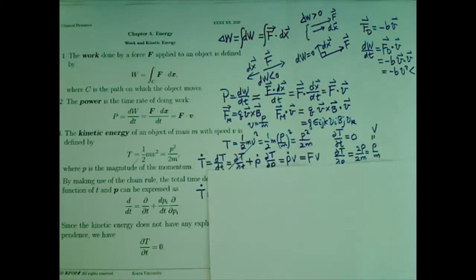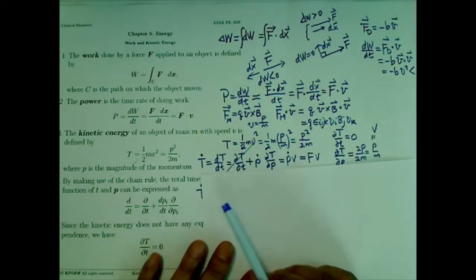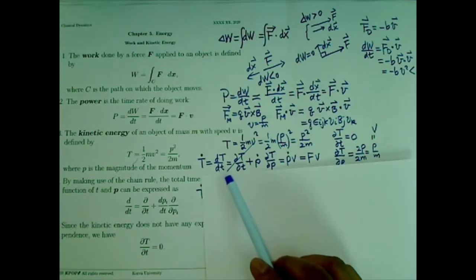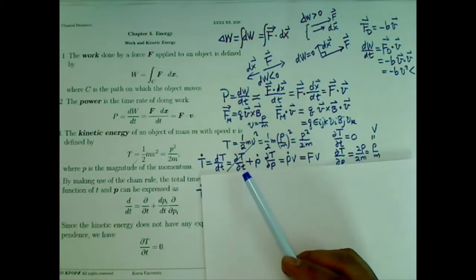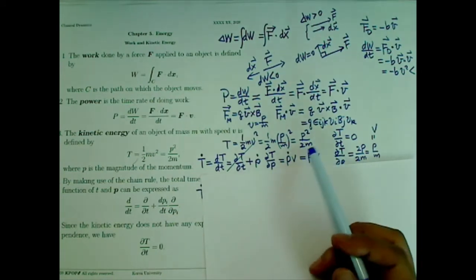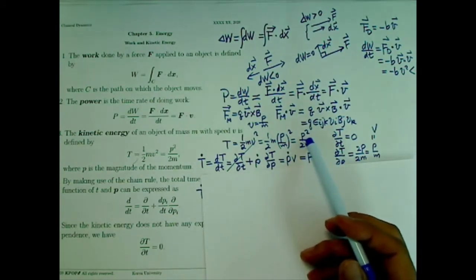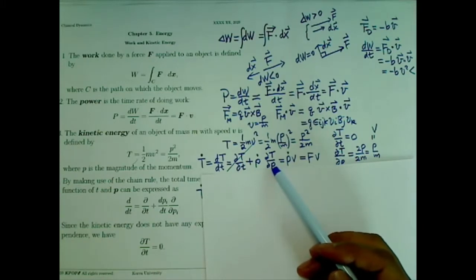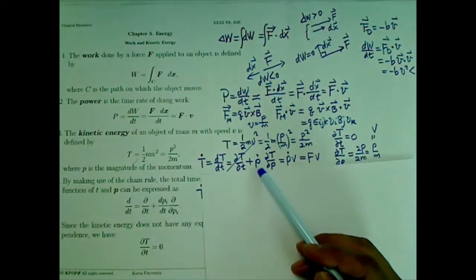So, if we compute the total time derivative, we make use of the chain rule. First, the partial time derivative of T, and then the explicit p dependence appears. So I take the partial derivative with respect to p and take the time derivative of p.